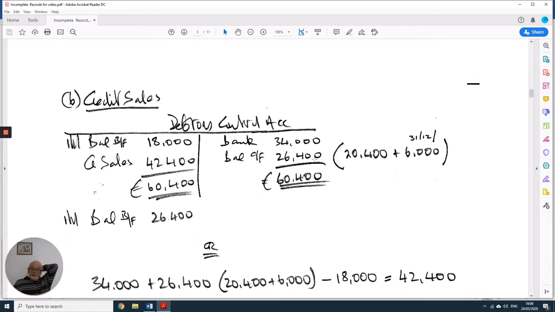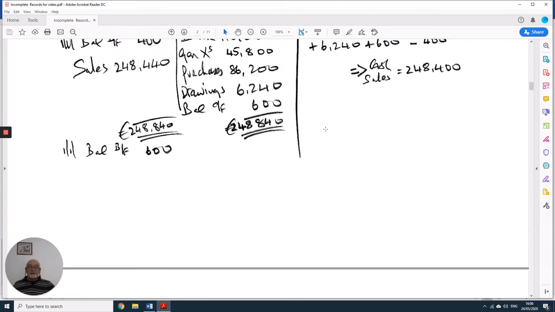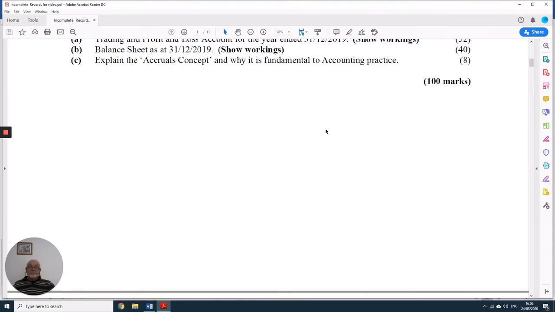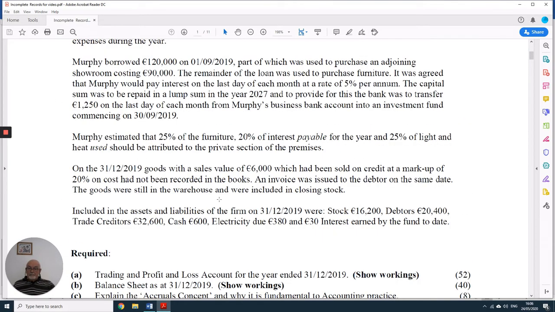The balance in our final paragraph for debtors is 20,400, but the question does tell us that on the 31st of December, goods with a sales value of 6,000 had been sold on credit at a markup on cost of 20%, and they hadn't been recorded in the books.